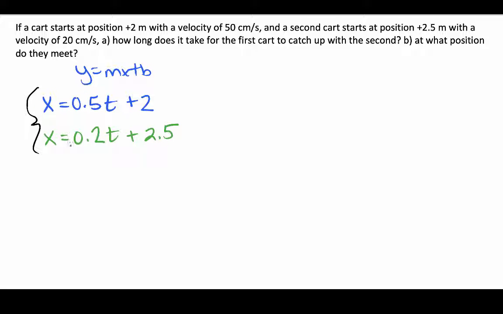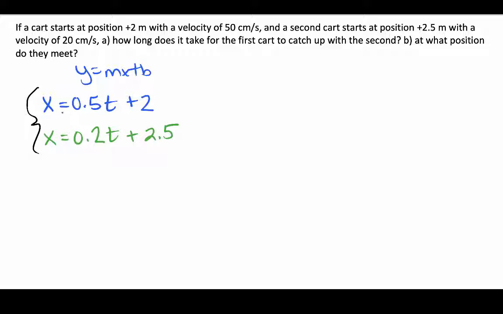Now, if you think about what this means, at what position do they meet? Well, the place where they met was the place where their y values, or these displacements, are the same. So this needs to be equal to this. So we just set this up as an equality.